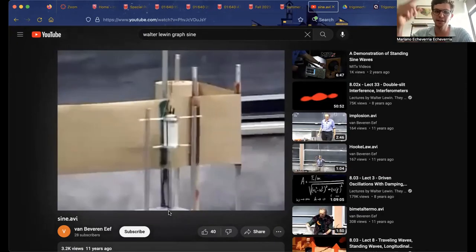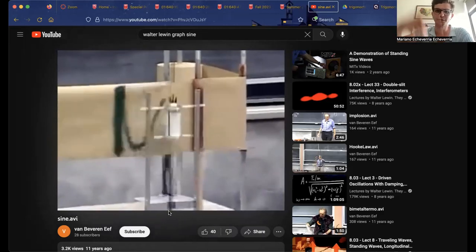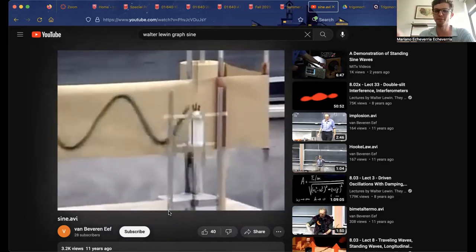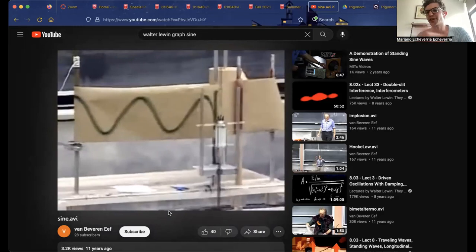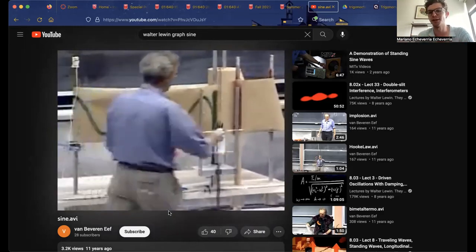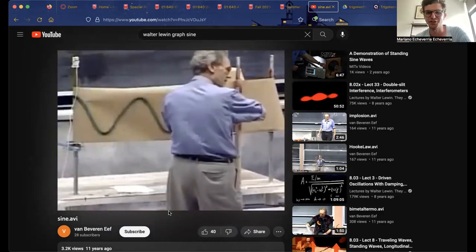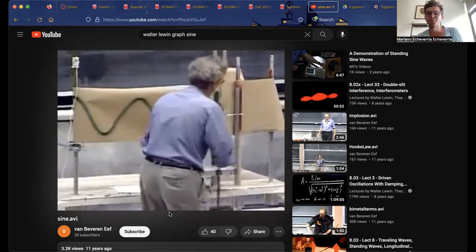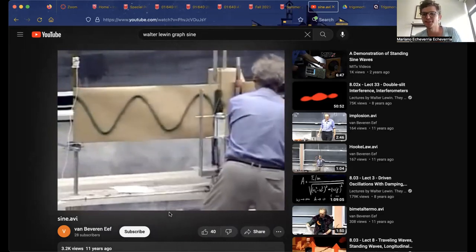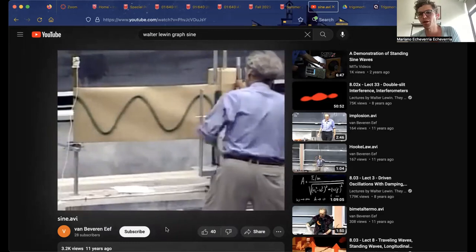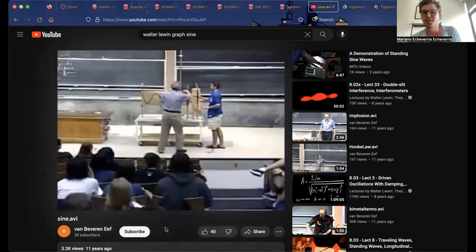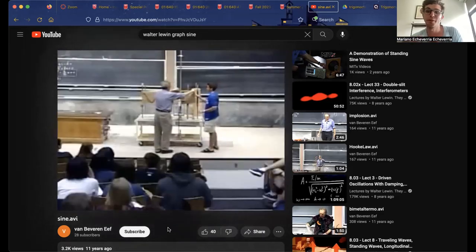So that's oscillating, going back and forth, and if you move the piece of paper around, that's like introducing a time variable, and you get the sine function. There was secretly a sine function hidden in the problem, and that's a fun trick to make it show up in the animation.